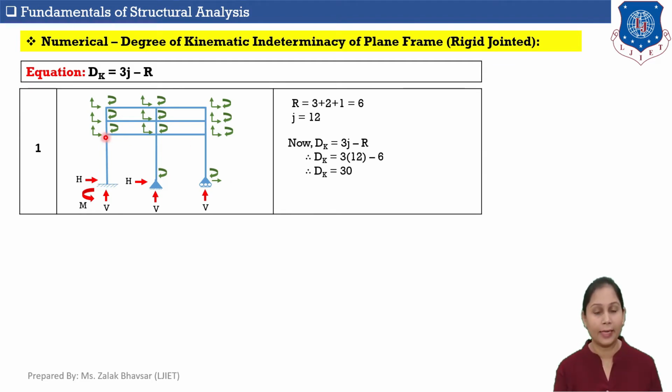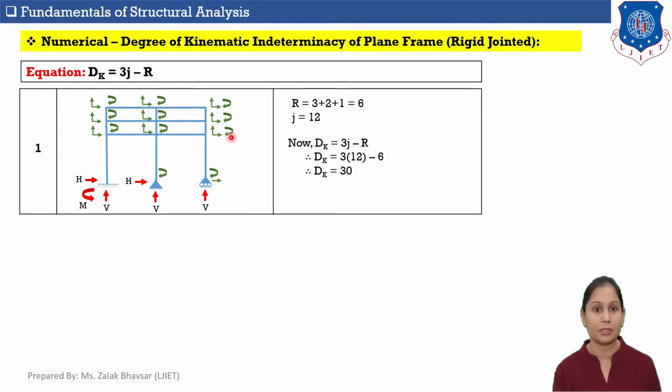Now at each internal joint, number of possible displacements in case of plane frame will be 3. And here in the given plane frame, number of internal joints are total 1, 2, 3, 4, 5, 6, 7, 8, 9. And at each internal joint, number of possible displacements are 3.